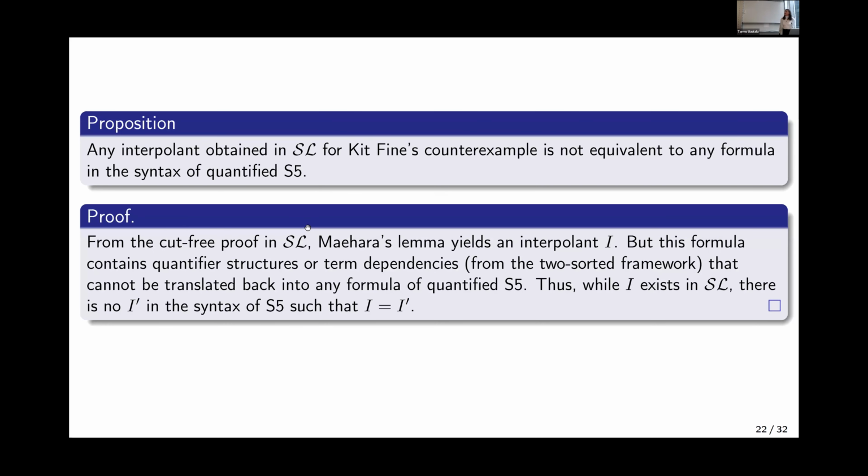So now, which fragments actually have retranslation? Let's start with the fact that any interpolant obtained in SL for Fine's counterexample is not equivalent to any formula in two-sorted first-order logic in the syntax of quantified S5.